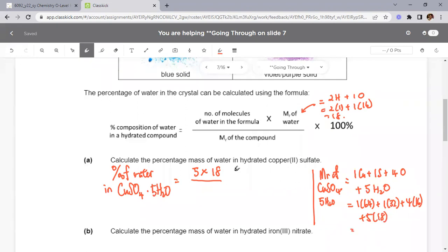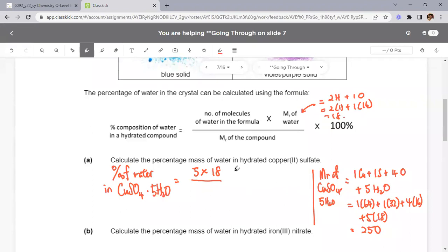You can see the numbers are getting massive, and that's where you really need to not be afraid of it. Just do it as per normal. If you press your calculator, this should give you 250. So 64 plus 32 plus another 64 over here plus another, this is 90.